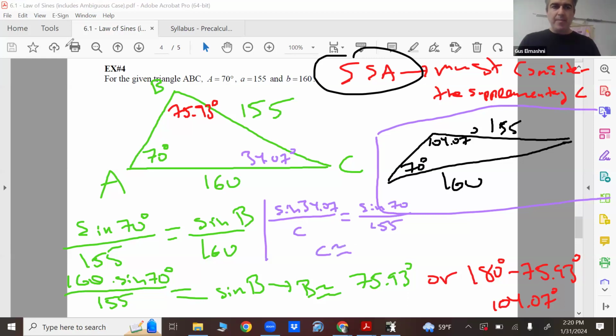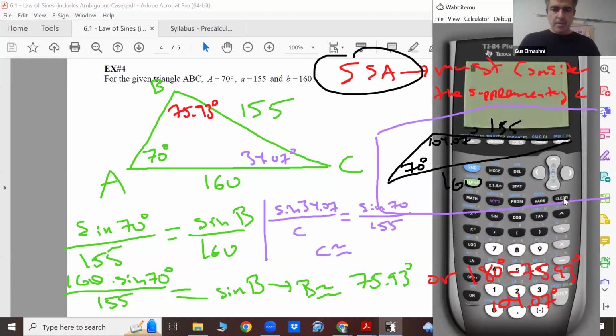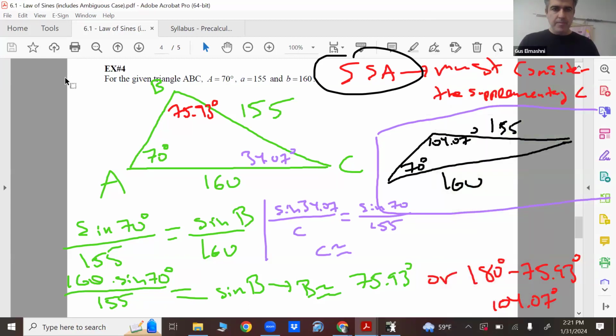Cross multiply, work it out. I'm going to do this quickly. 155 times sine 34.07. I know it's not terribly fun problems. I appreciate you guys' patience. Divide by sine 70. I'm losing my mind here. And I can read that: 92.4.